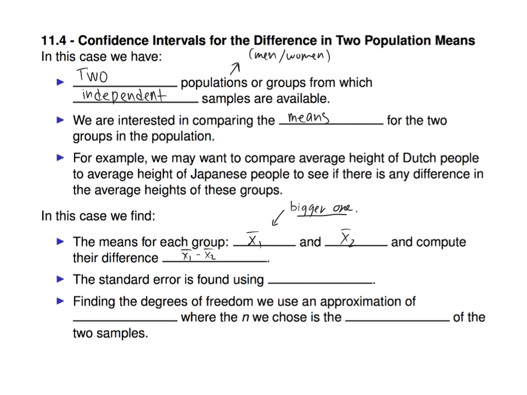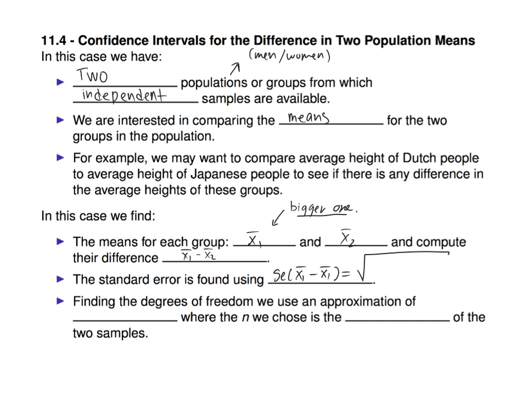And then the way you find the standard error, because you also need standard error for confidence intervals, right? This formula, do you remember what this was? It's okay if you don't.